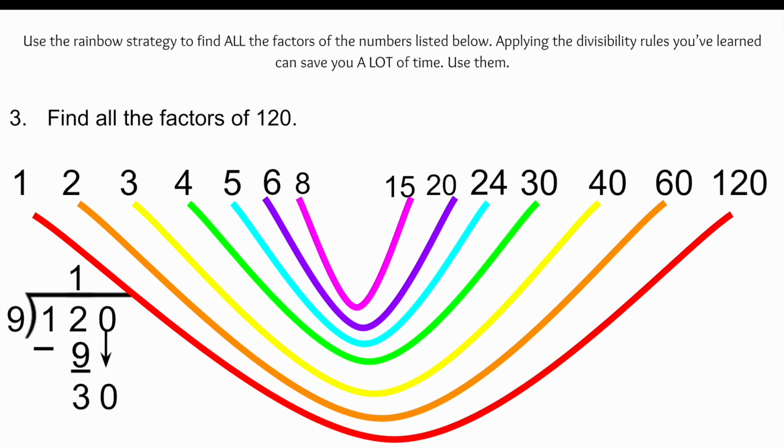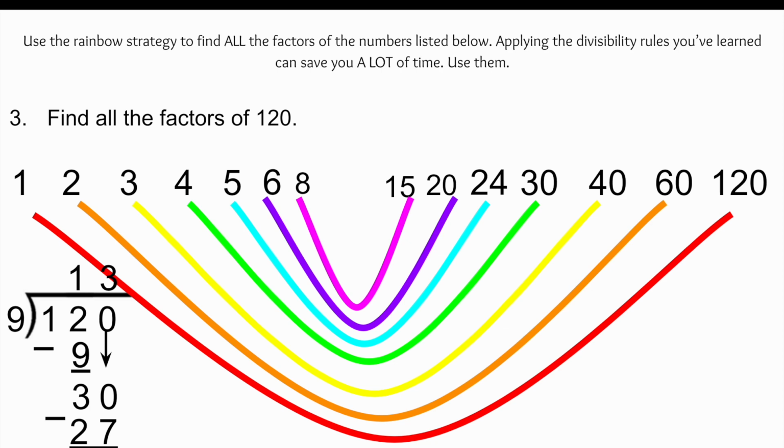Bring down the 0. 9 can go into 30 3 times without going over. 3 times 9 equals 27. And then we'll subtract. I've run out of space, but 30 minus 27 is 3, and I have nothing left to bring down. So the answer would be 13 remainder 3, which means that 120 could not be divided equally by 9, and 9 is not a factor.